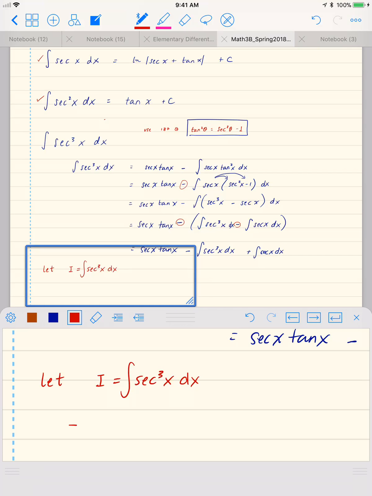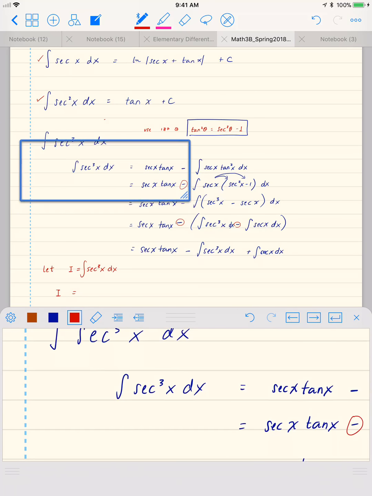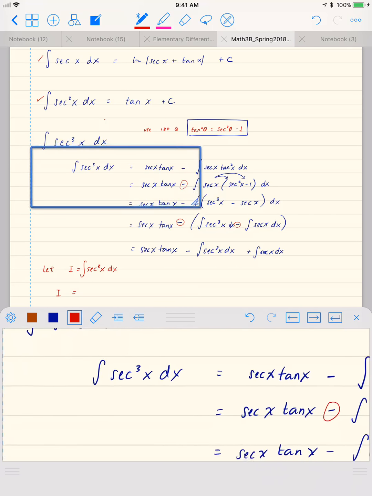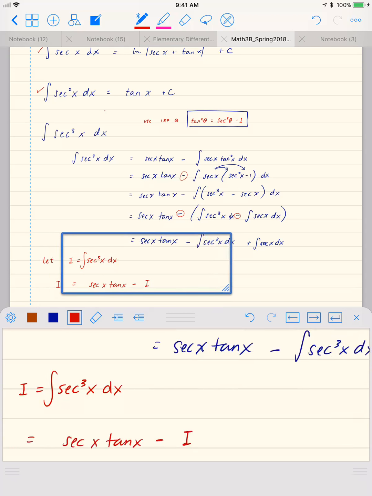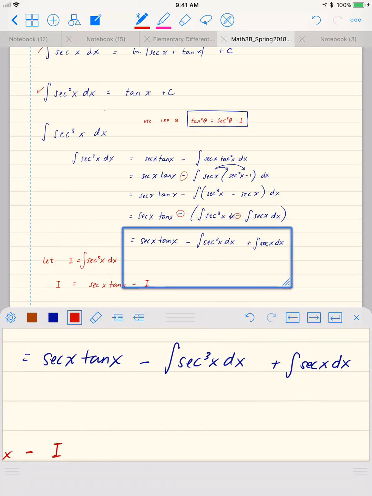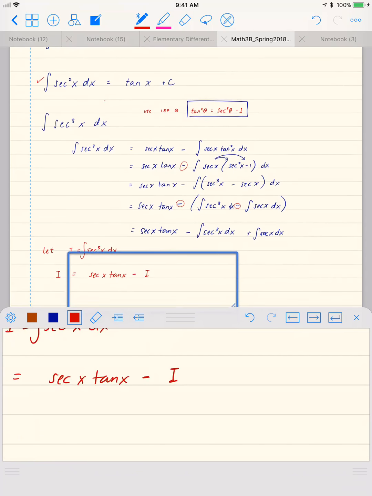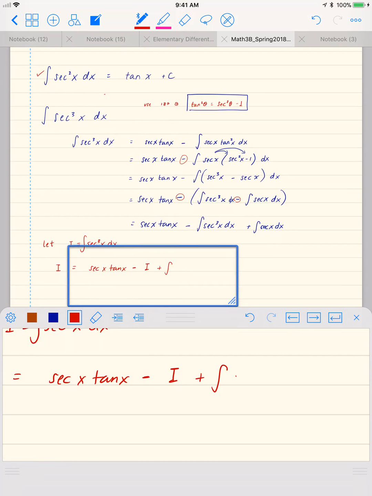So then I is equal to secant x tan x minus I, because again, I is the integral of secant cubed x, plus the integral of secant x tan x dx.